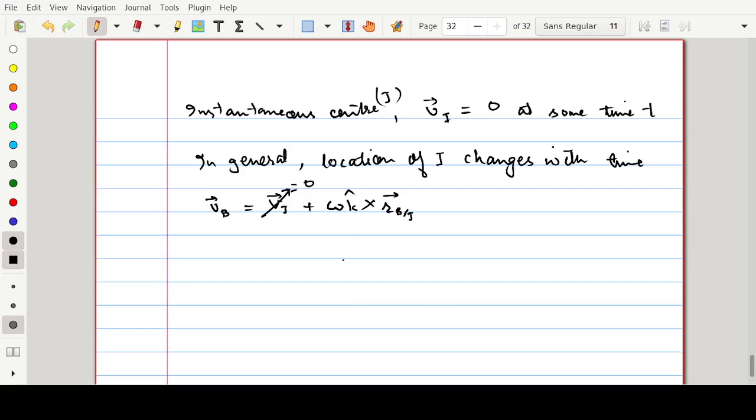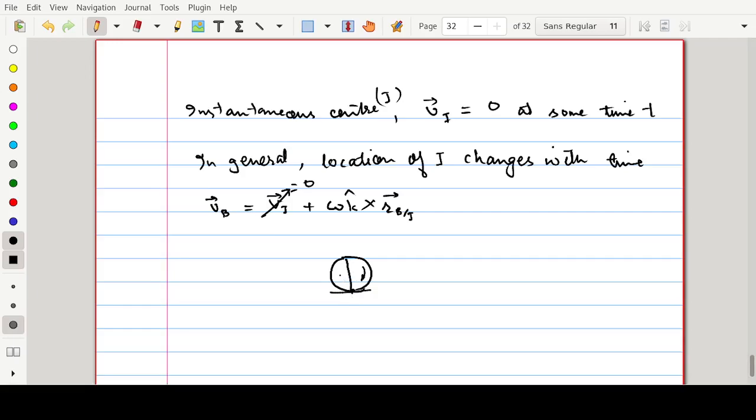So for example, in case of a wheel, at each instant the velocity of the wheel at the contact point is 0, but as the wheel moves this contact point changes, and at every time instant you can use the current point which is in contact to find velocity.